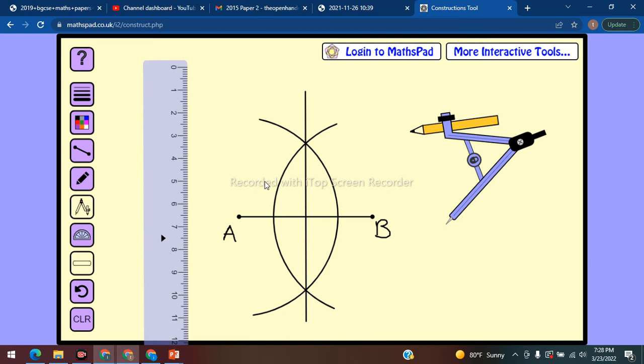They don't have to be lined up. See? Okay, so let's move on.